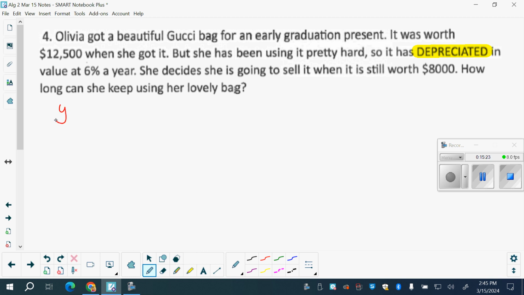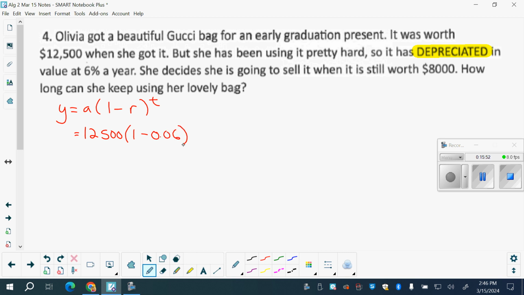And so our formula is A times 1 minus R to the T. So what's our initial amount? 12,500, and she got it. What's the rate? 6%. So that would be, what is a decimal? 0.06.